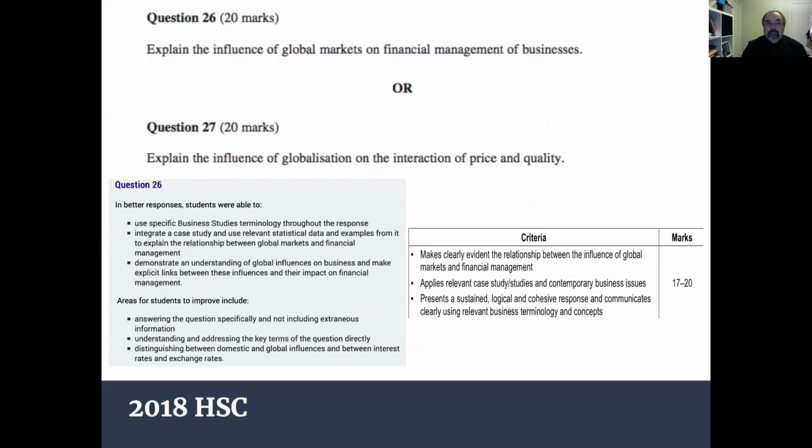2018 question. Explain the influence of global markets on financial management of businesses. Or question 27, explain the influence of globalization on the interaction of price and quality. So here, what we have is a finance question. Now, some students got confused when they see global markets, global marketing, they start thinking marketing.